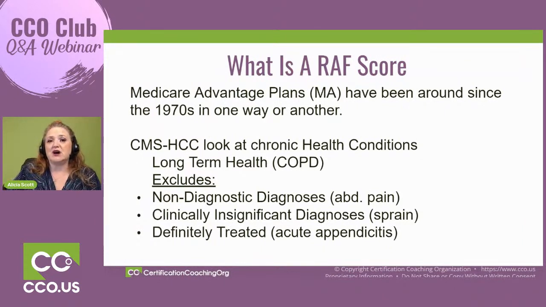They look at the chronic conditions, the chronic health conditions that a patient has, and then they would be looking at things that will cost to manage. And the example I picked out here is long-term health, a patient that has COPD. Well, a patient that has COPD is going to either maintain or get worse.